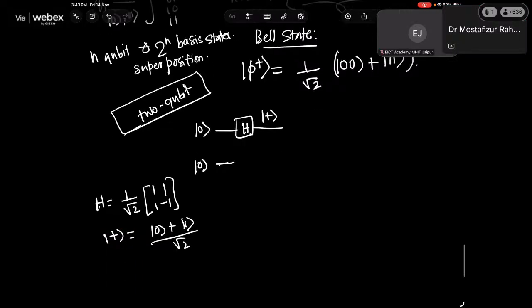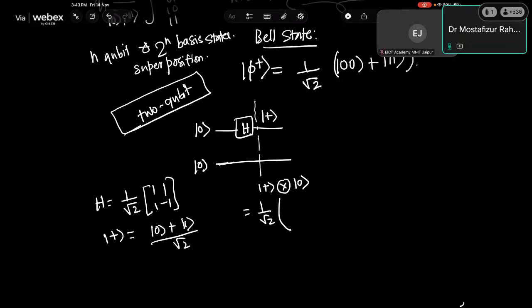So this is called a superposition state or the plus state, right? So what is the state here? The state here is the plus state tensor product with |0>, right? So what are the things I can get? 1 by square root 2 times (|0> plus |1>) tensor |0>.